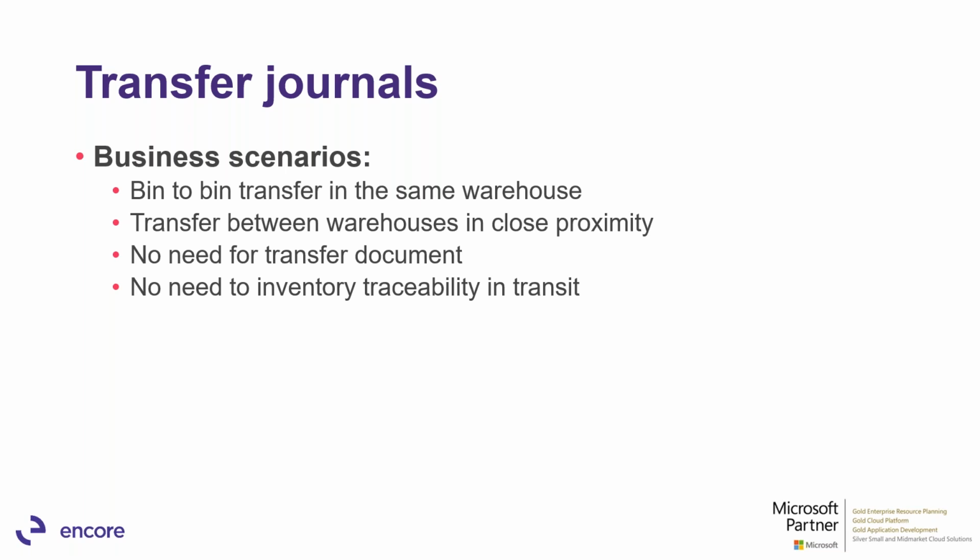When items need to be transferred between two warehouses, but these two warehouses are so close to each other that there is no need for transparency of the items during the shipment or transfer documents. And then the other thing is that warehouse personnel don't necessarily need to handle the transfer as part of their daily standard operation of receiving and shipping. Okay?